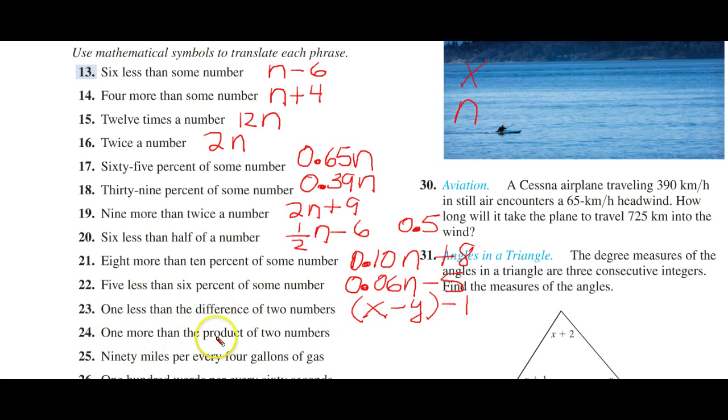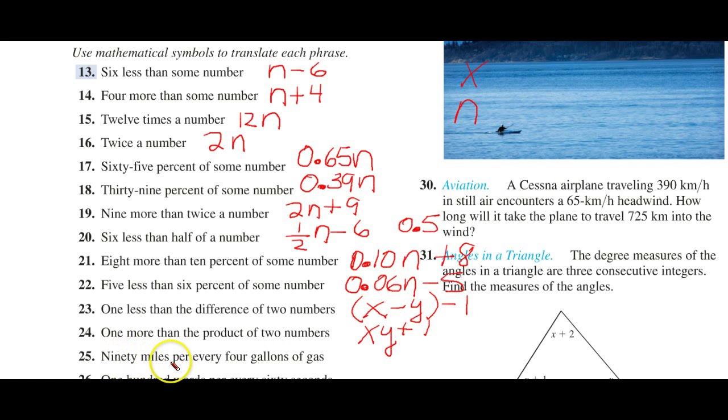One more than the product of two numbers. Well, here this is subtraction, the difference of two numbers. Now for multiplying two numbers, it would be xy. That would be the product of two numbers and one more. And I don't need an equal sign there, I need a plus sign. Because these are just expressions, not equations.